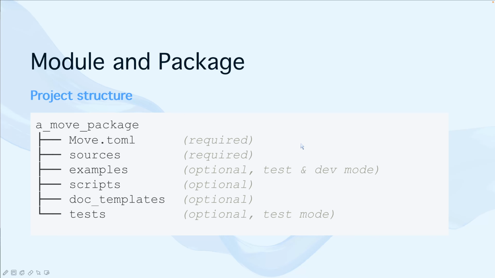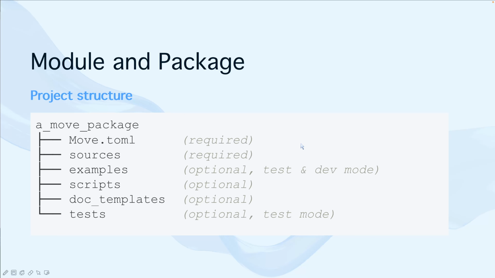The sources directory contains Move modules. The examples directory can hold additional code to be used only for development or tutorial purposes that will not be included when compiled outside test or dev mode. A scripts directory is supposed to hold transactions, and it can be separated from modules if that is desired by the package author.